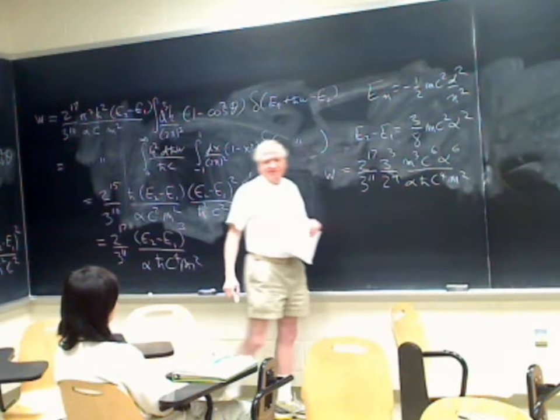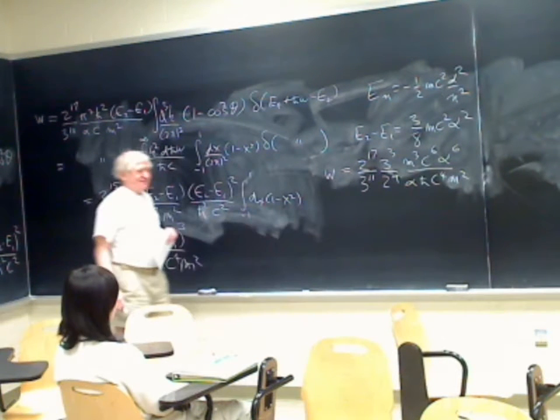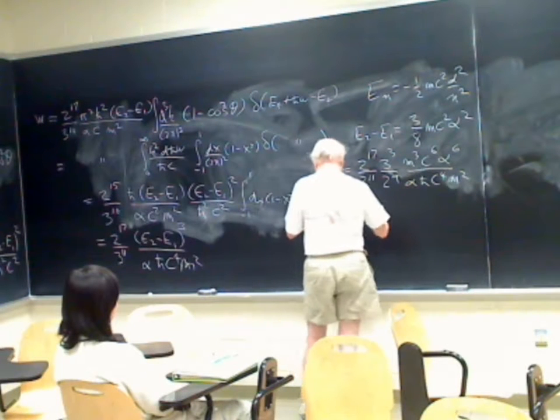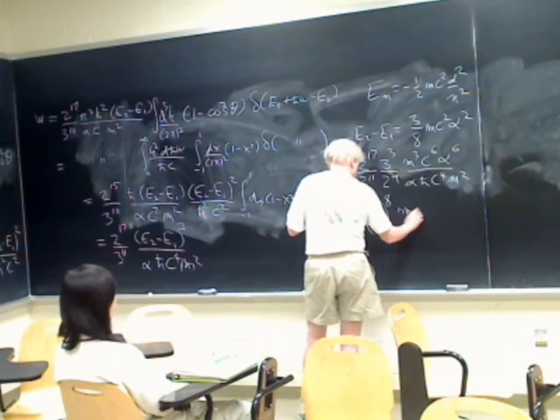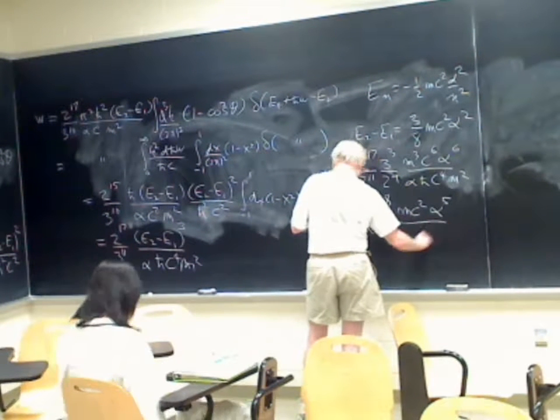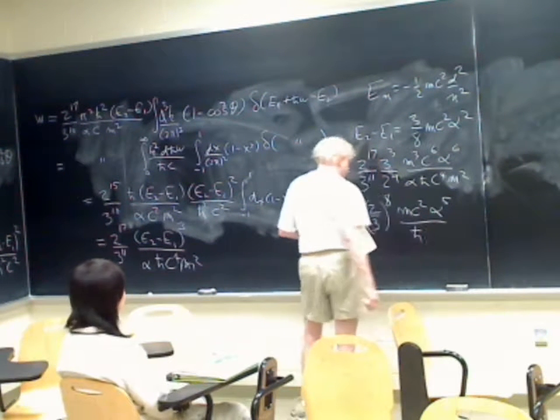And as you've no doubt noticed, there are ample opportunities for cancellations. And when we do the cancellations, we get 2/3 to the 8th power mc squared alpha to the 5th over h bar.